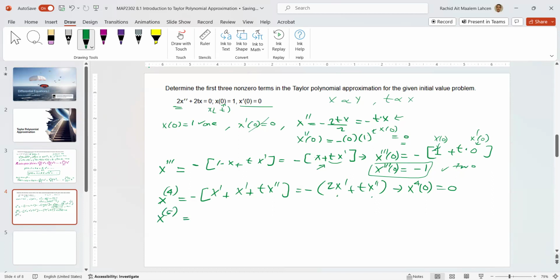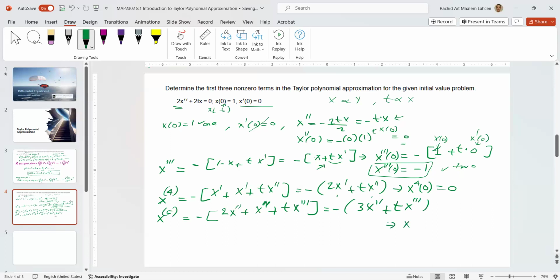In a similar way, the first one will give us that. Then the product rule is going to show up and give us these terms. Then it's 3x double prime plus t times x triple prime.